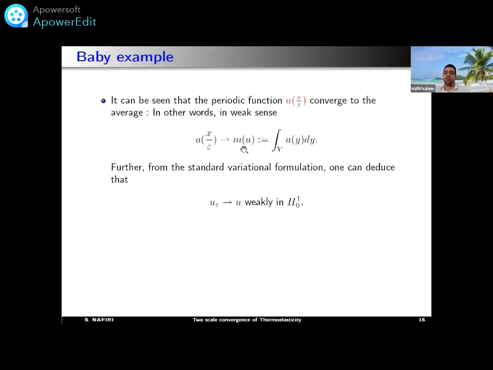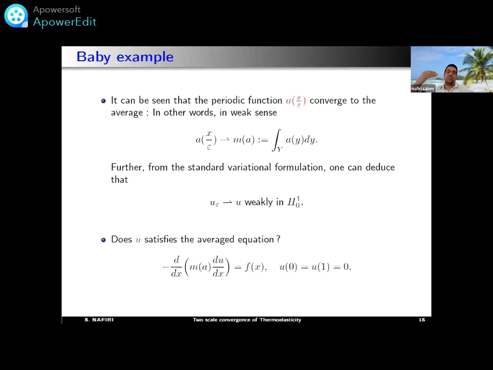So A_epsilon converges to the mean of A. And further, we can show, due to the standard variational formulation, that u_epsilon can also converge weakly to u in H^1_0.